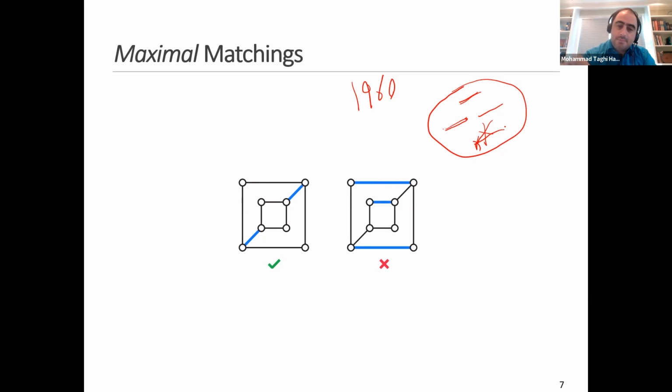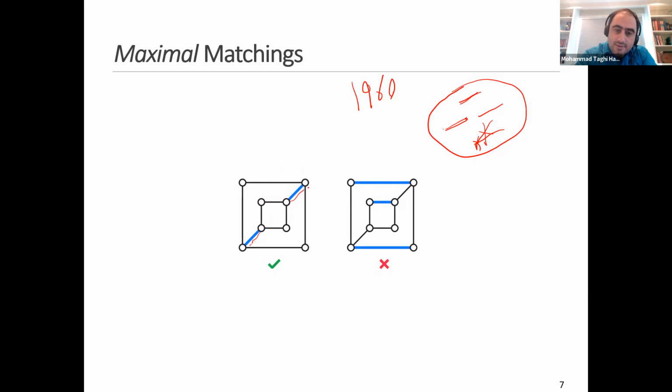So this is an example. You can see, for example, in the graph that we have, we are selecting just these 2 edges and no other edge. This is actually a maximal matching. The size of this matching, the number of edges, is just 2, because you cannot add any more edges.